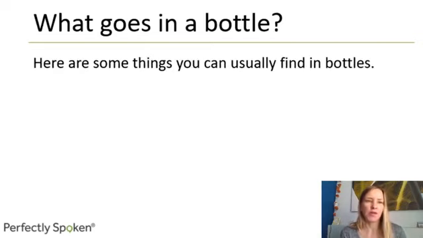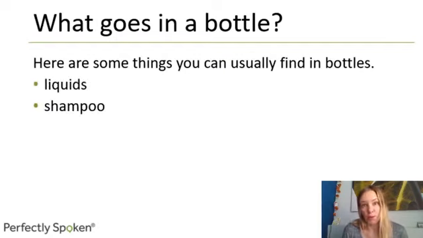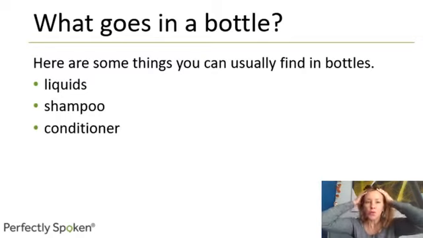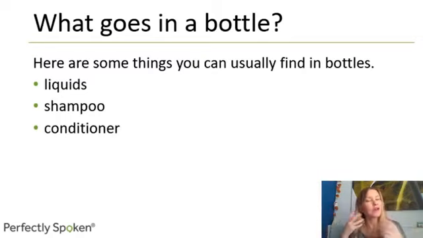Okay, now what goes in a bottle? Here are some things you can usually find in bottles. Liquids, shampoo, conditioner. Shampoo is what you wash your hair with, and conditioner you put on after the shampoo to make your hair soft.